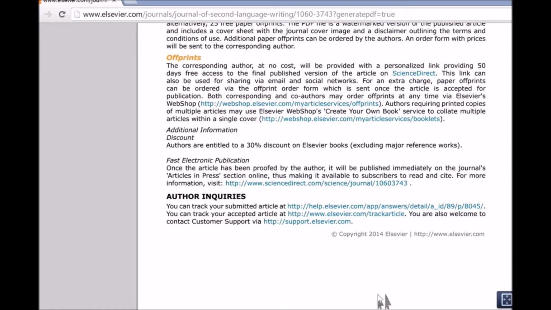Saying, oh, I really need this, it could make you sound a little whiny. But they do give you a link down here so you can track your paper and track your article. It says contact customer support. It doesn't say contact the editor. So once you're in the process, you probably will have minimal contact with the editor.